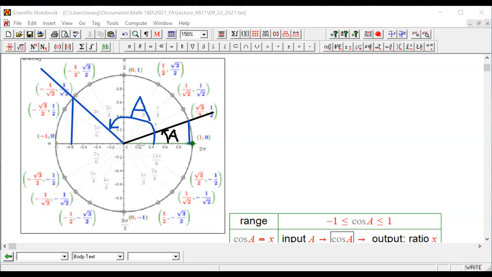It has exactly one output. You see, I'm quoting the definition of function. So for each input angle, there's a unique output, the vertical y value. Therefore, the domain is all real numbers.